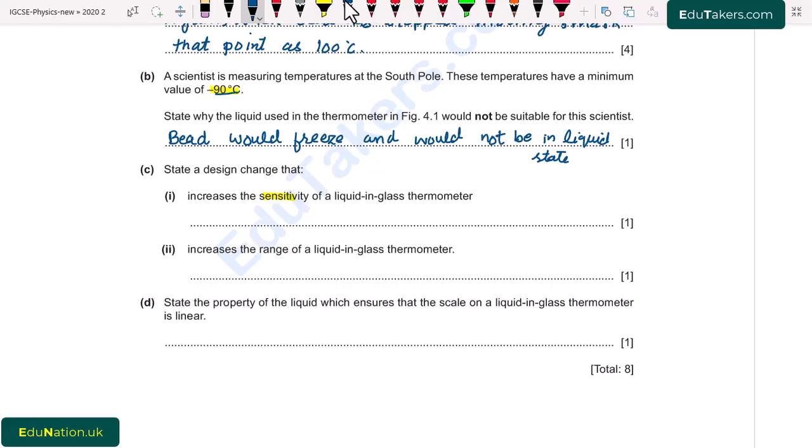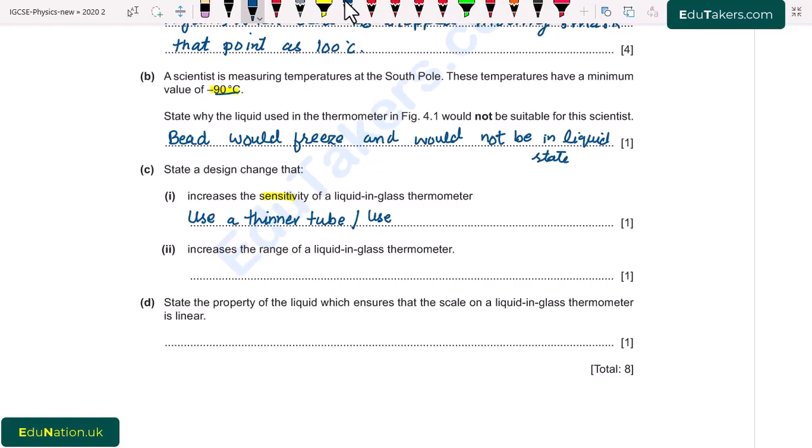So, first of all, use a thinner tube. Or use a liquid that expands more per unit change in temperature.